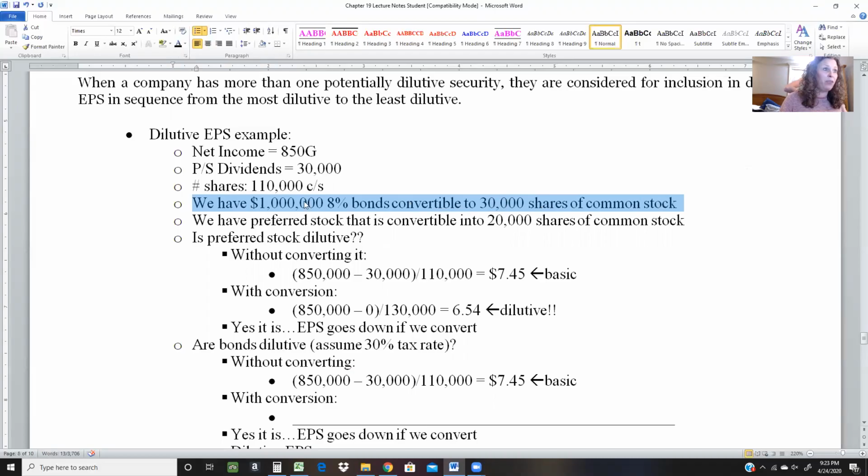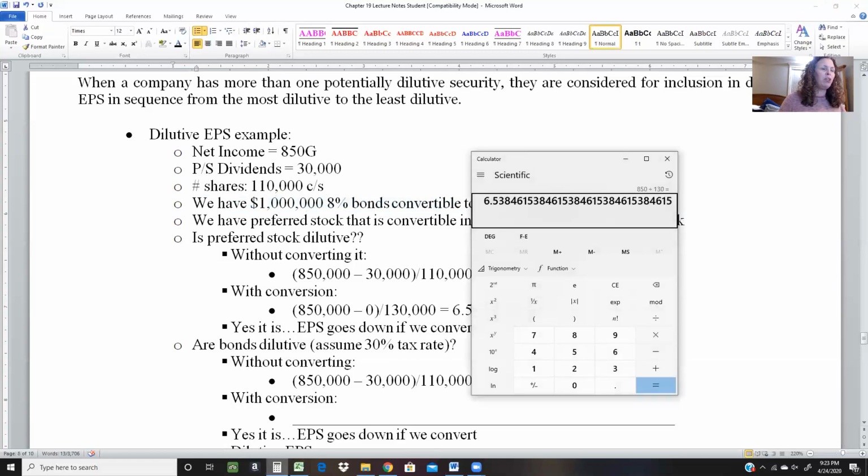So we still have the preferred dividends, but we're going to have to increase the net income because we will not have to pay this interest. The interest is $1 million times 0.08, so the interest is 80,000, but we need to do that net of taxes.